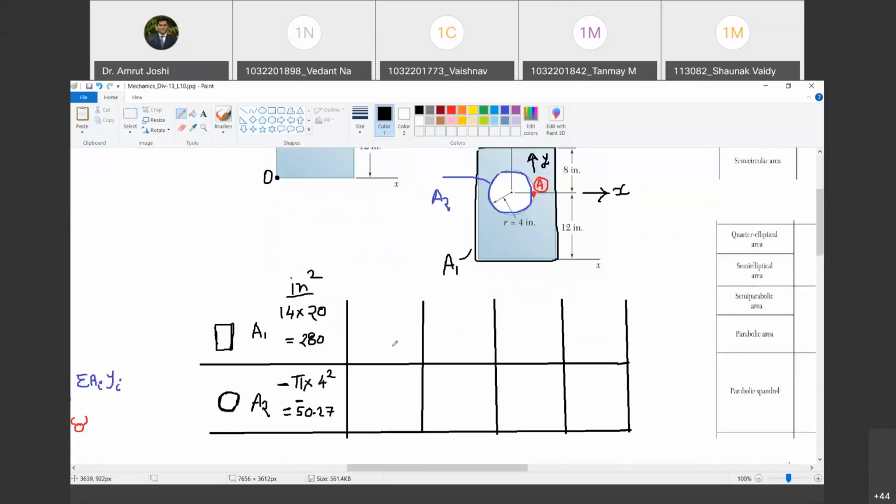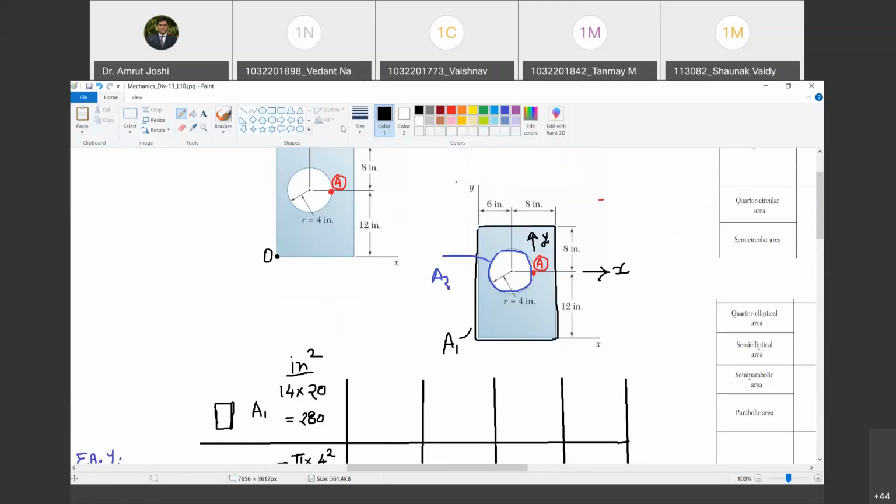Where is the centroid of A1? It's at 10 inches... So now we have to locate it from A. From the left end, it is at distance 7.